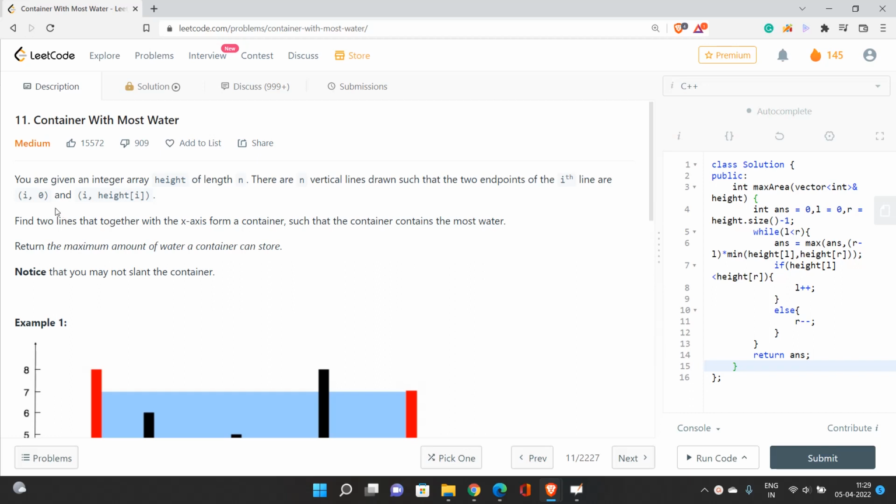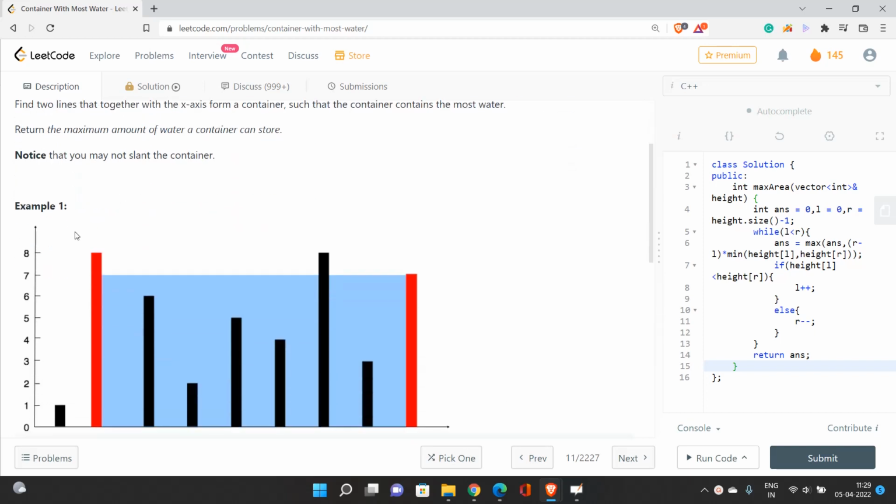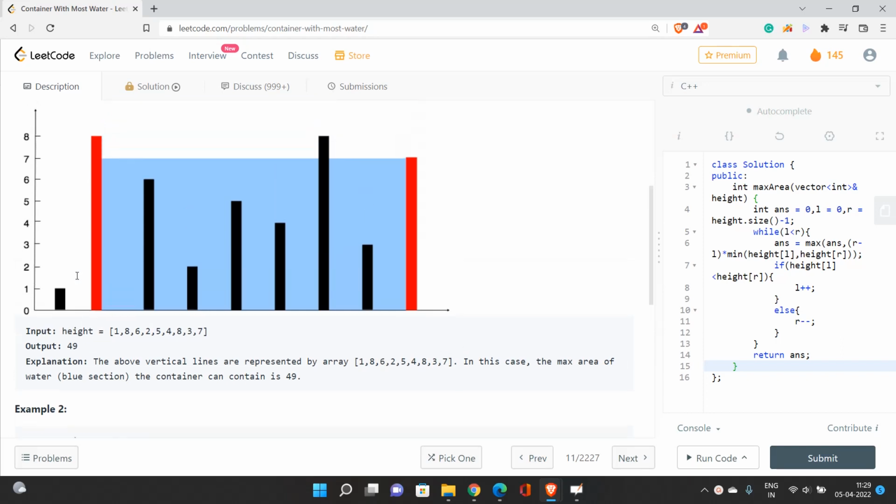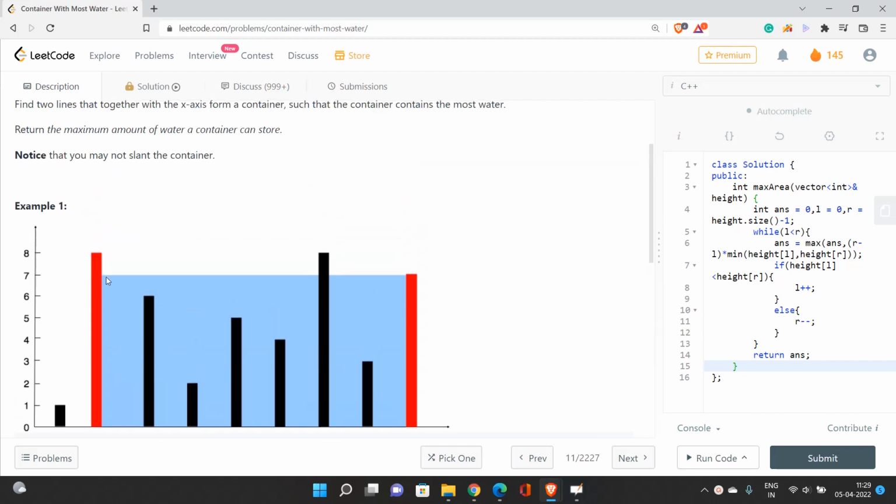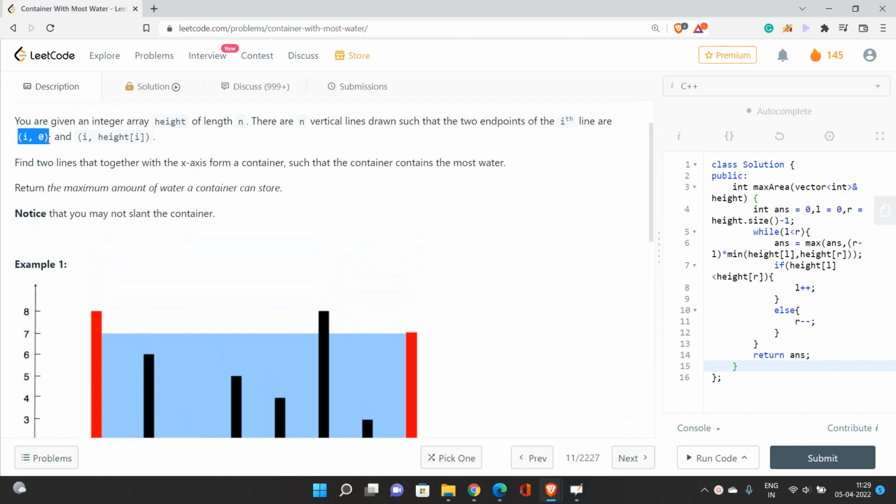Let's begin. We are given an integer array height of length n, and there are n vertical lines drawn such that the two end points of the ith line are (i, 0) and (i, height[i]). If you look at this diagram, let's talk about the second vertical bar. You can see the height of the bar is 8, and the coordinates are (i, 0) and (i, height[i]).